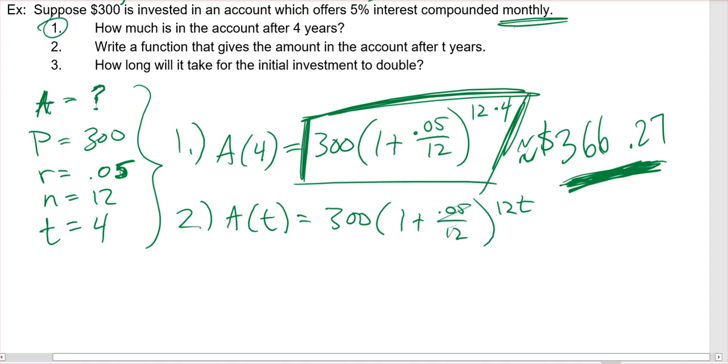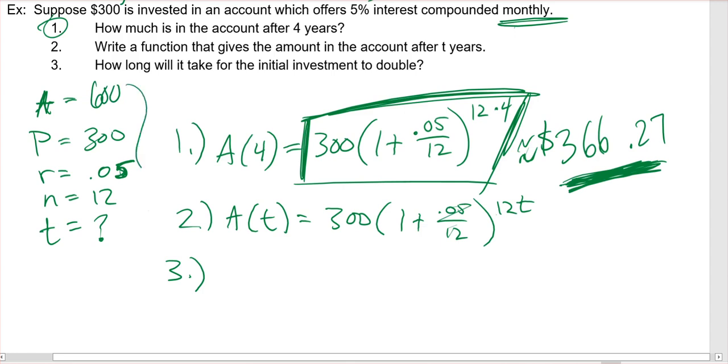Okay, now we want to write number 3. How long will it take for the initial investment to double? Okay, well, isn't this kind of the same problem as number 1? Except we don't know t. But if I doubled my amount, it would be 2 times 300, so that's 600, right?